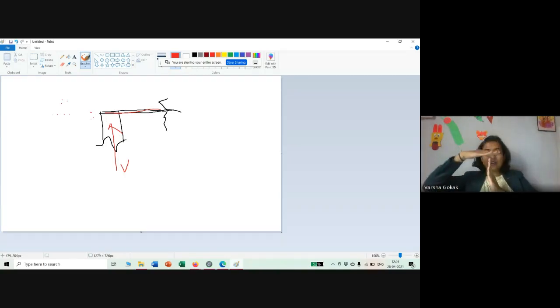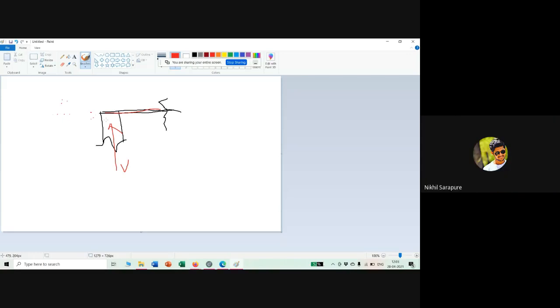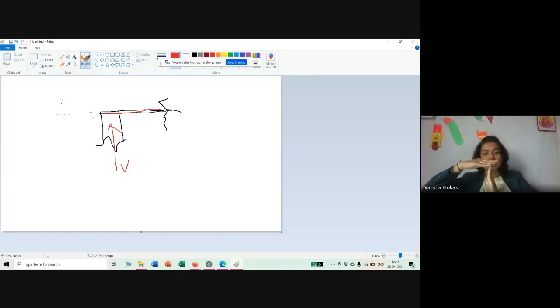When I place a beam on a support like this, is the beam allowed to move in vertical direction? It can move upward, but can it go downward? No, ma'am. It cannot go downward, correct?